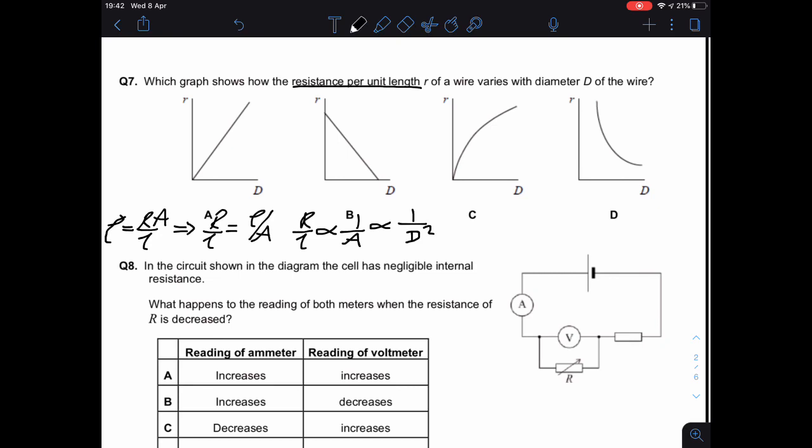So the only graph that looks like a 1 over d squared shape would of course be graph D. So our answer to question 7 would be D.